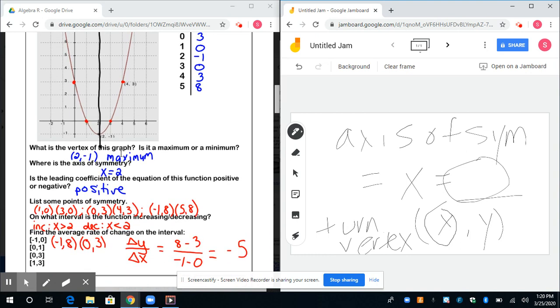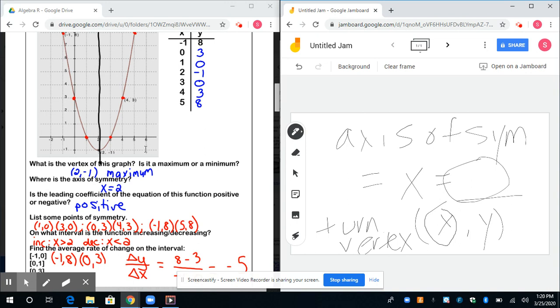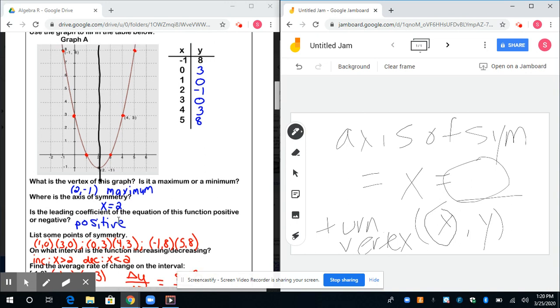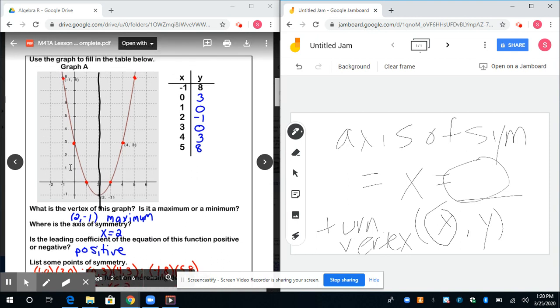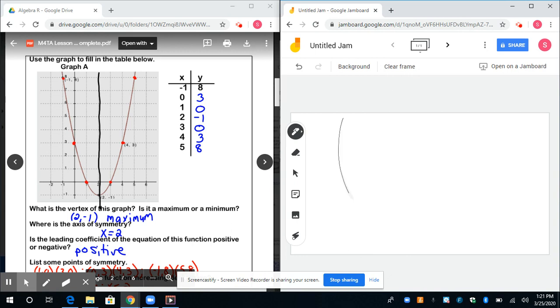Okay, is the leading coefficient of the equation of this function positive or negative? It's positive. Do you know why it's positive? It's shaped up. So if you have a quadratic that looks like this, the values are increasing.